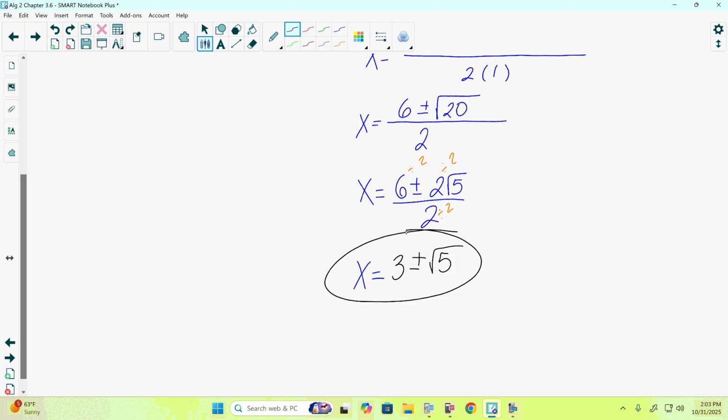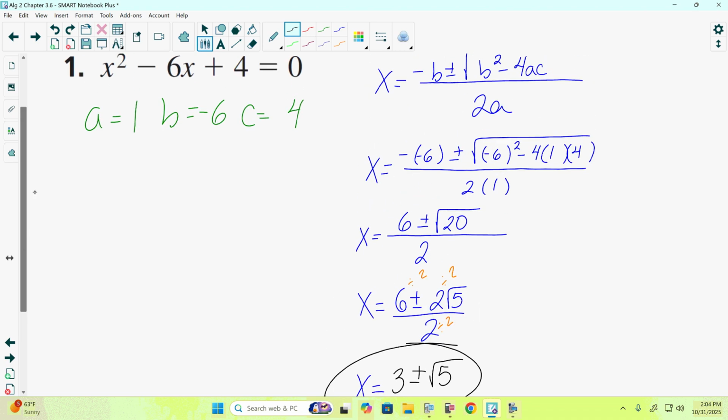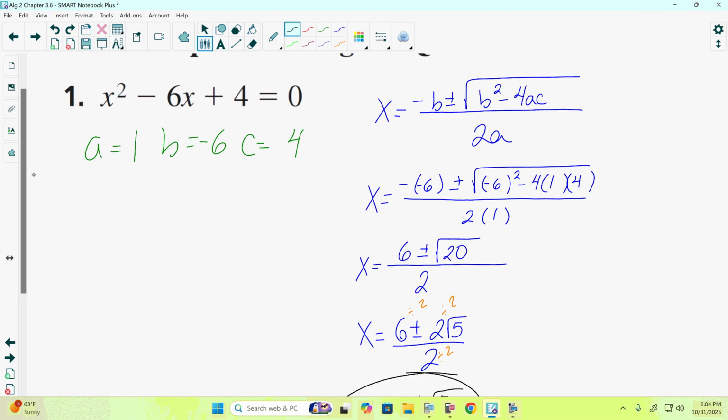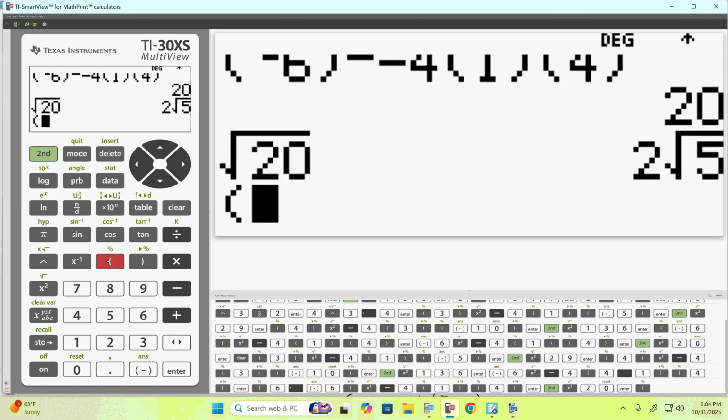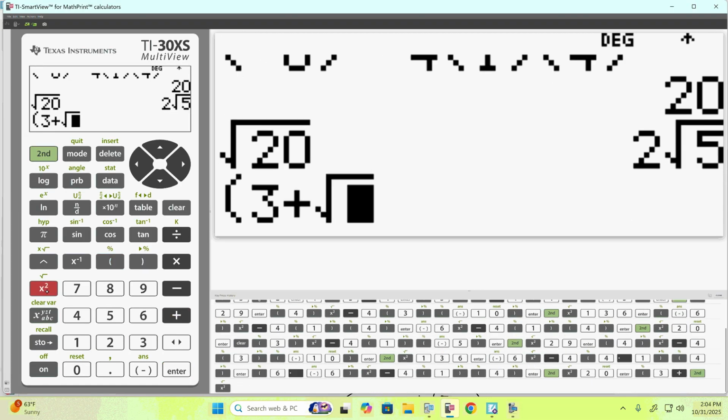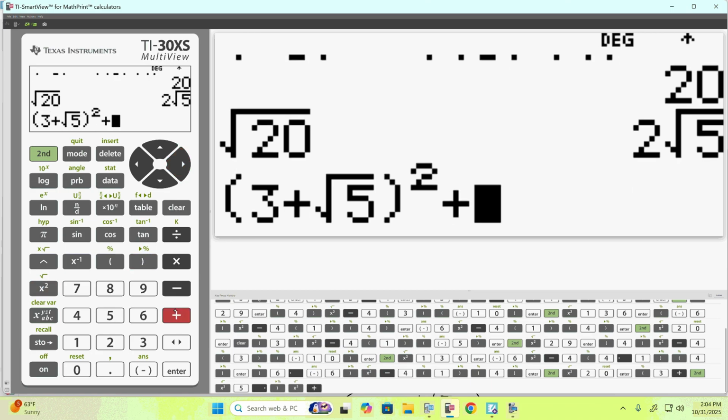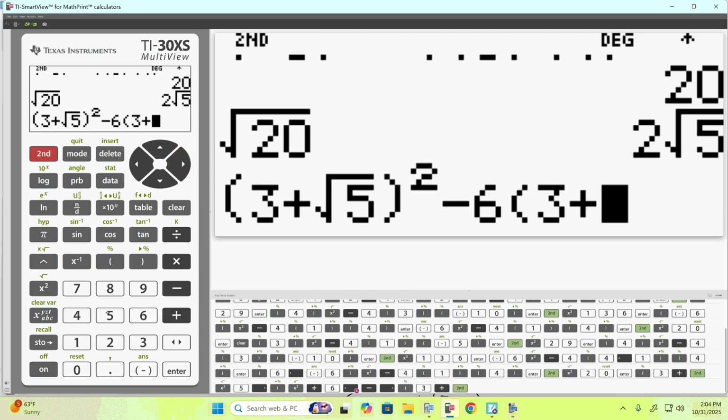Now, for most equations, I've said it before, we can always check it, we can plug it back in, yes? As weird as that looks as a number, we can still plug it in. So we can say 3 plus the square root of 5 squared minus 6, parentheses, 3 plus the square root of 5.